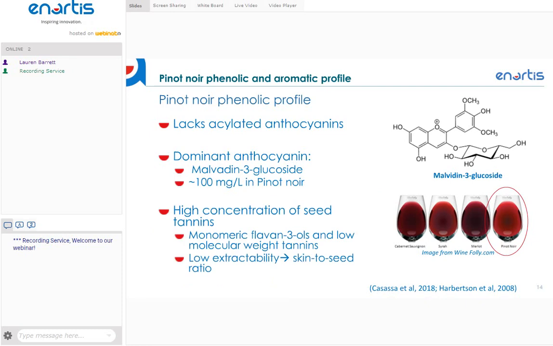Even though it has a high concentration of seed tannins, these have very low extractability, simply due to the skin to seed ratio. Pinot Noir color is described as garnet, even though there's quite a bit of variability, as many producers are blending with Syrah and other varieties, and there's also some clonal variation with that color profile.